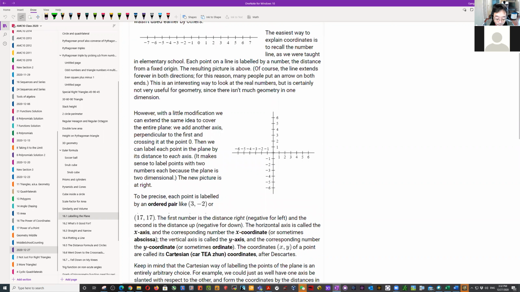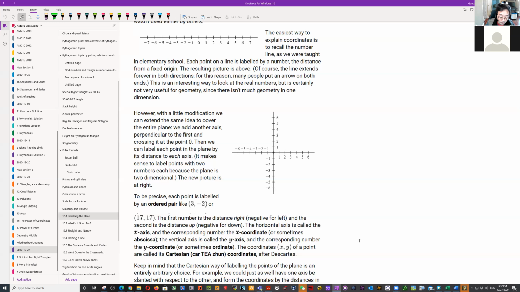Basically, there's a famous mathematician called Descartes who developed this system. He may not be the earliest one. There's a debate on whether or not he was the earliest one to use it, but obviously he was the earliest one to advocate it.